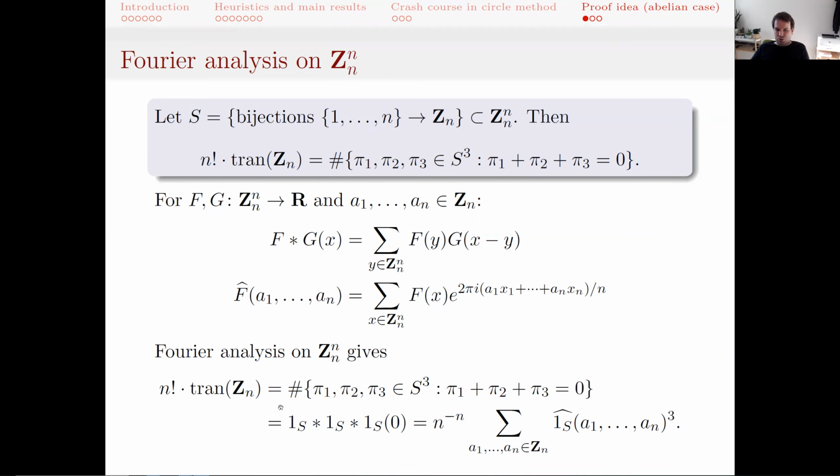These were just from the definition of convolution. And then the second equality, first we use the Fourier inversion formula in this group Zn to the n. And then we also use again the same fact as before, that the Fourier transform of convolution is equal to the product of Fourier transforms.